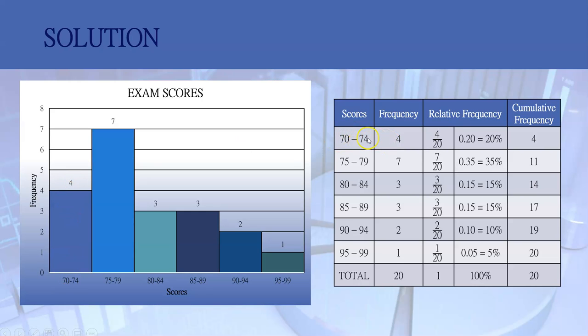So 70 to 74 had a frequency of 4, 75 to 79 had a frequency of 7. These two both had 3, then 2, then 1. The frequency is always on the vertical axis, and whatever your intervals are, those are always on the horizontal axis.